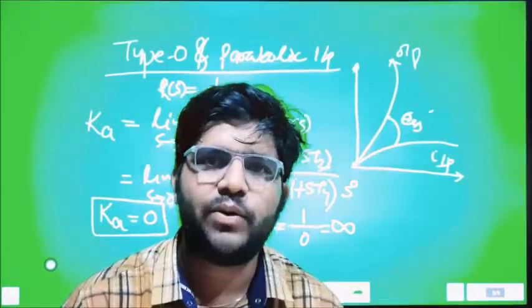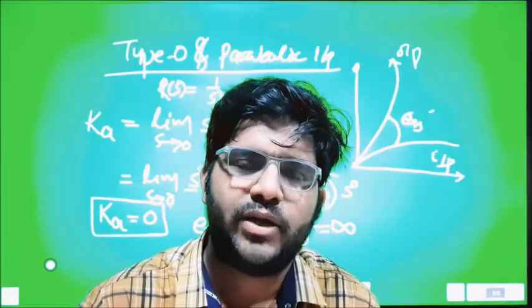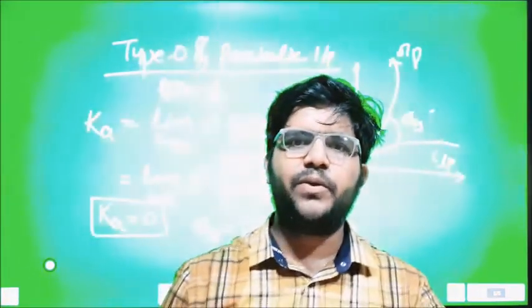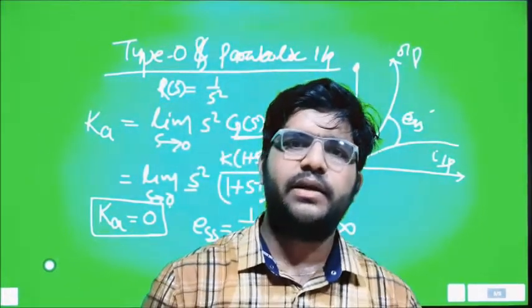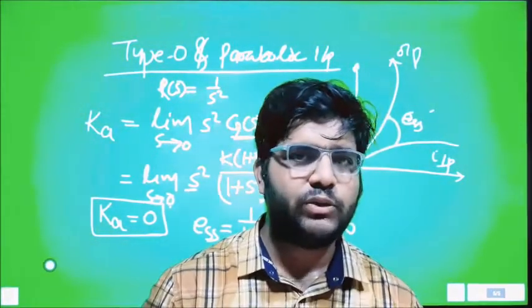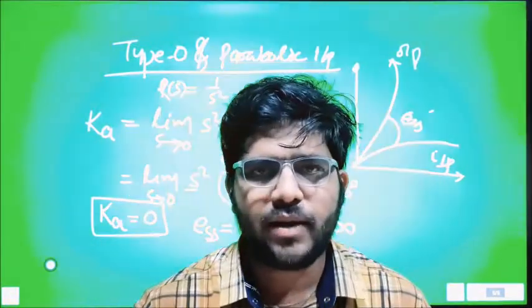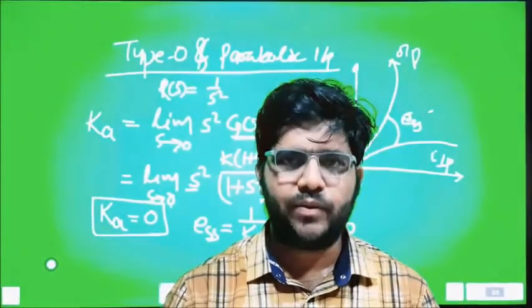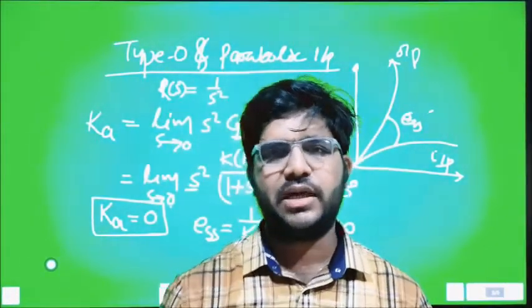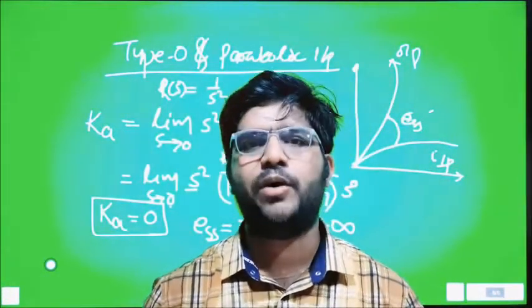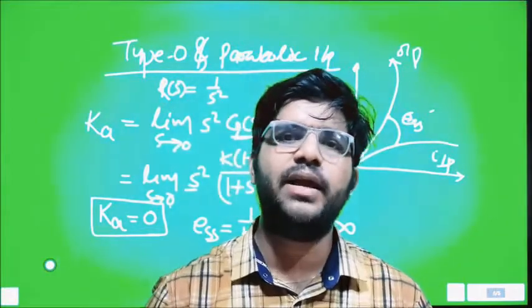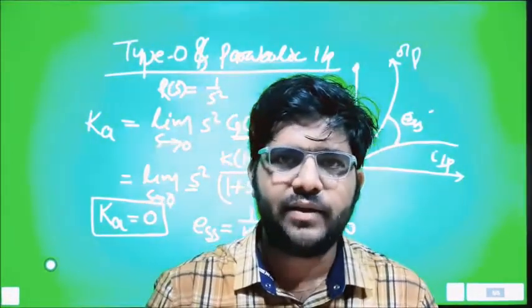That means we have no control over my output. So it is very clear that if you design a type 0 system, then for testing purposes you should not give parabolic input or ramp input. If a system is type 0, always remember that for testing purposes we have to give only step input. Clear? Okay.